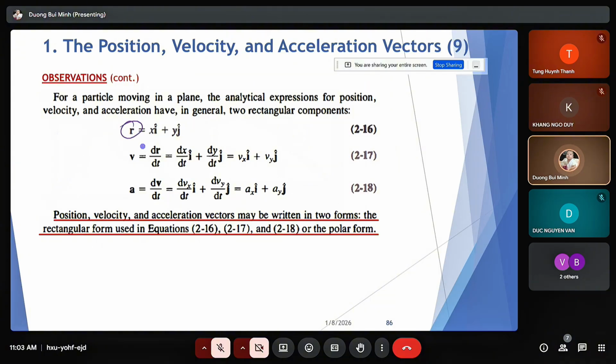So here we have vector r. You can get two components, x and y position, the x-axis position and the y-axis position. We should use the unit vectors i-hat and j-hat for position, velocity and acceleration. If we have three dimensions, you get vector r as x i-hat plus y j-hat plus z k-hat.